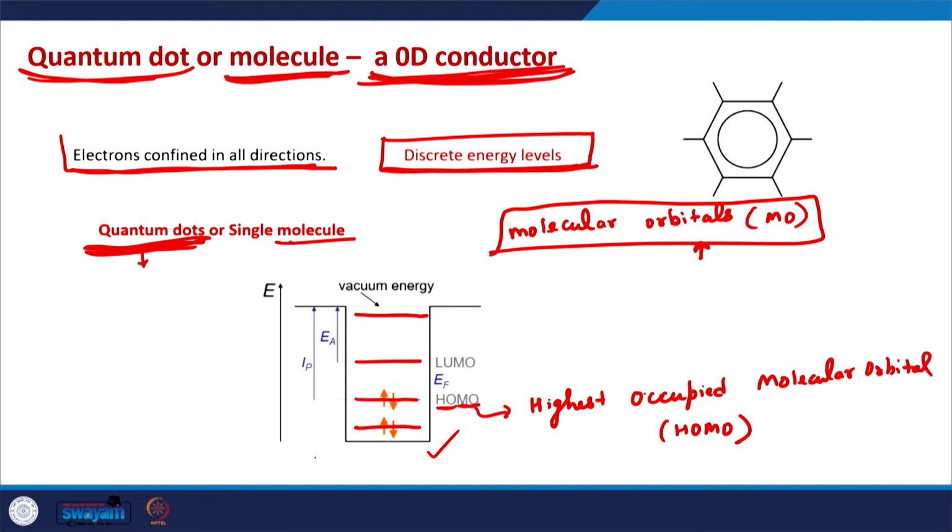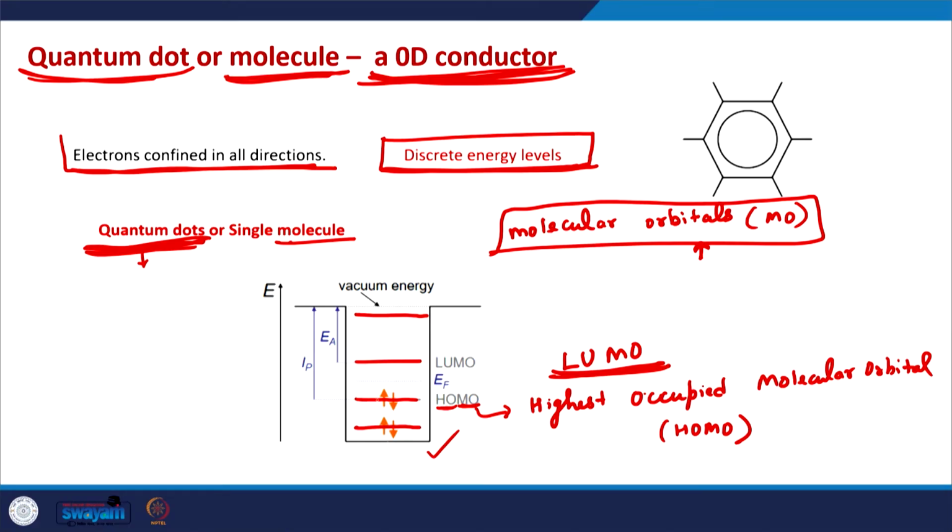Similarly, the lowest unoccupied orbital is known as the LUMO, the lowest unoccupied molecular orbital. This is the orbital that has energy just above the highest occupied molecular orbital.